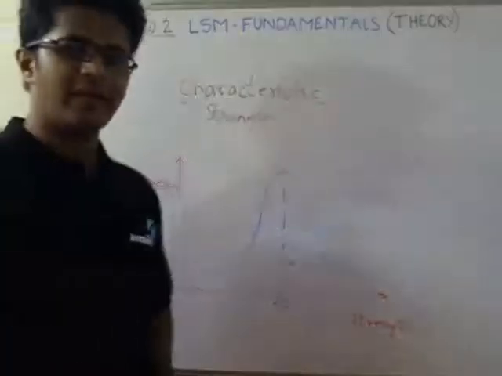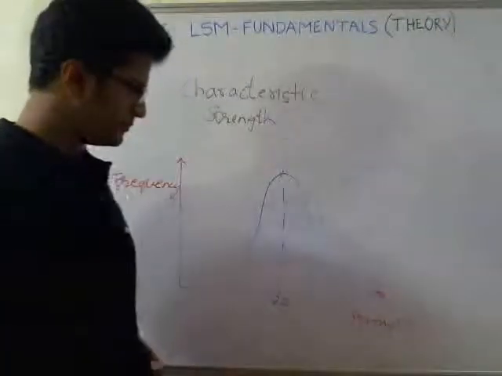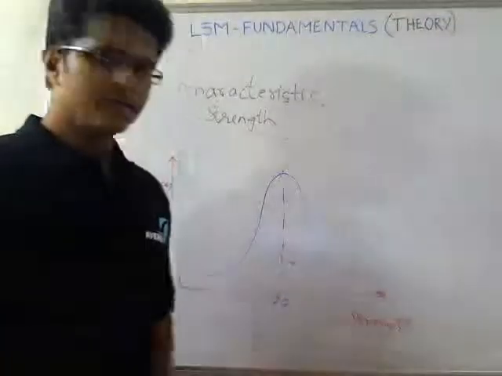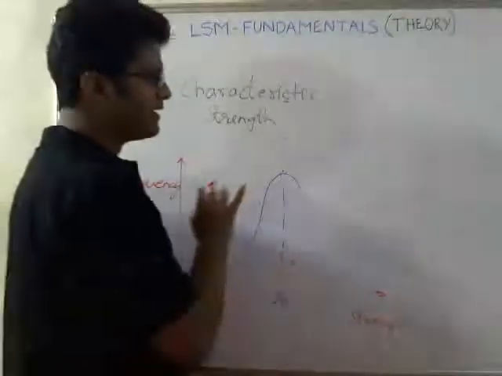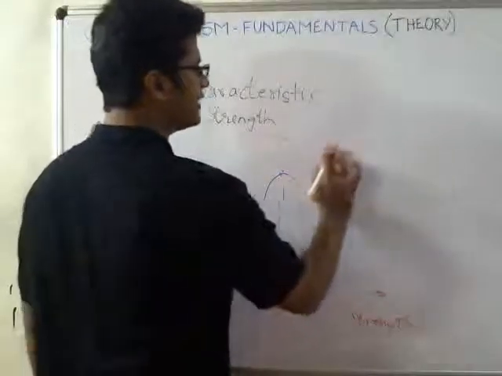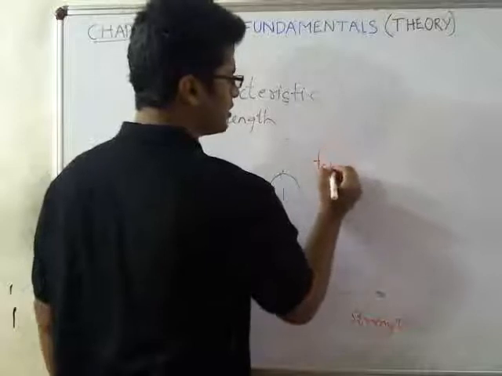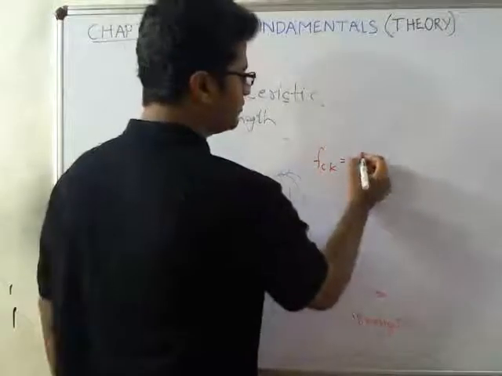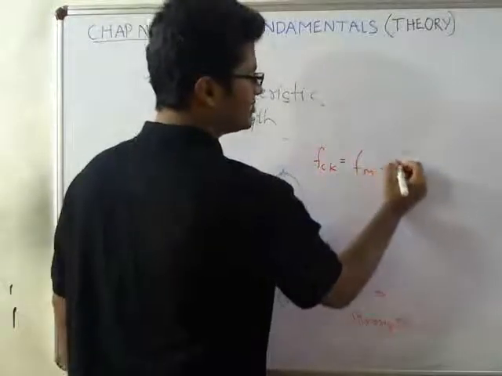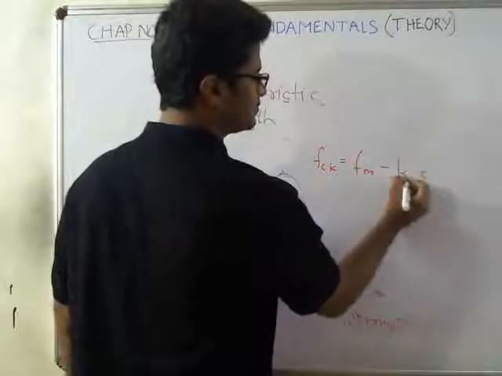So here also you get a bell-shaped graph. But unlike in characteristic load, we calculate characteristic strength by using the lower bound theorem, that is minus Ks.